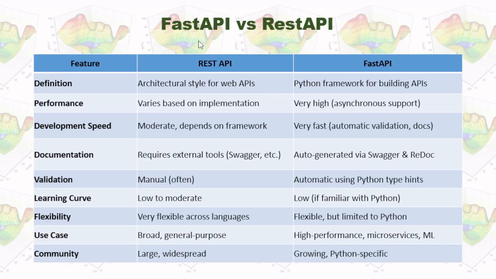If we compare FastAPI and REST API, you can see the performance for FastAPI is very high and development speed is very fast, and I will show you later. And the learning curve is very low if you are familiar with Python, and it's very flexible but limited to Python. Okay, now let's go to our Python code.